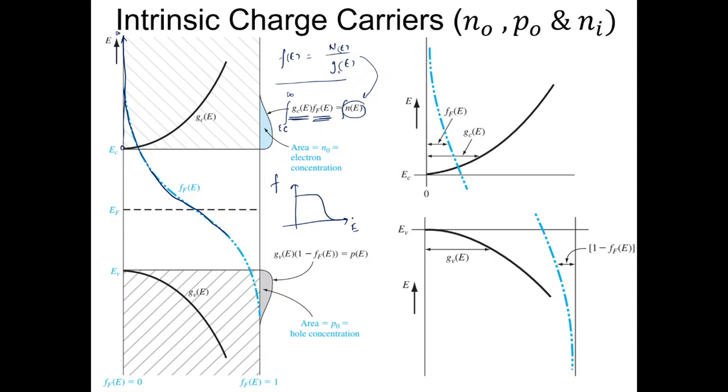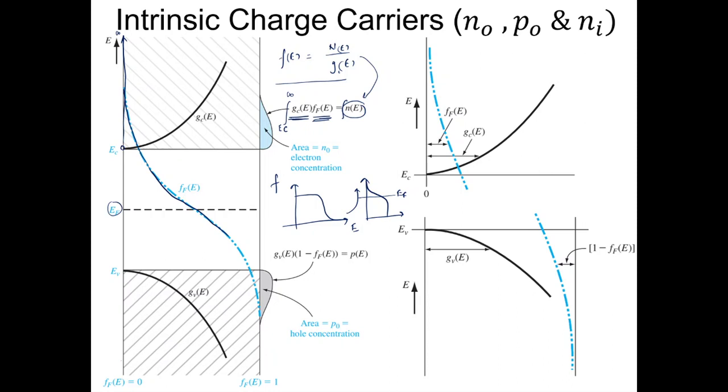Now we have just flipped it, rotated it, so the energy goes here and F comes here, so it looks something like this, right? And somewhere here is the Fermi energy level, EF, which is this.